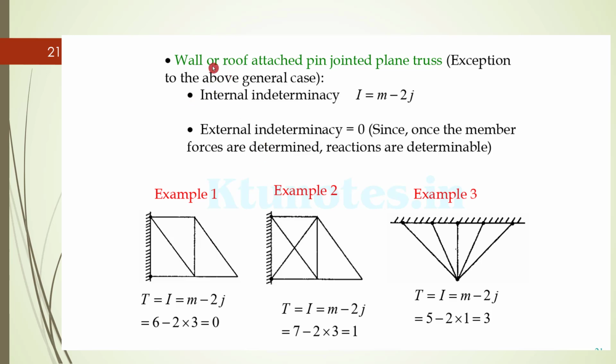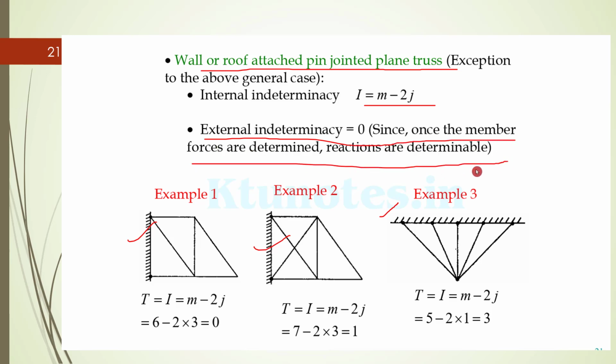So in the case of a wall or roof attached pin jointed plane truss, this is a wall and this is a roof attached. In this case, the internal indeterminacy is equal to M minus 2J, and the external indeterminacy is equal to 0, since once the member forces are determined, the reactions are determinable. So here directly T is equal to I, because E is 0, M minus 2J.